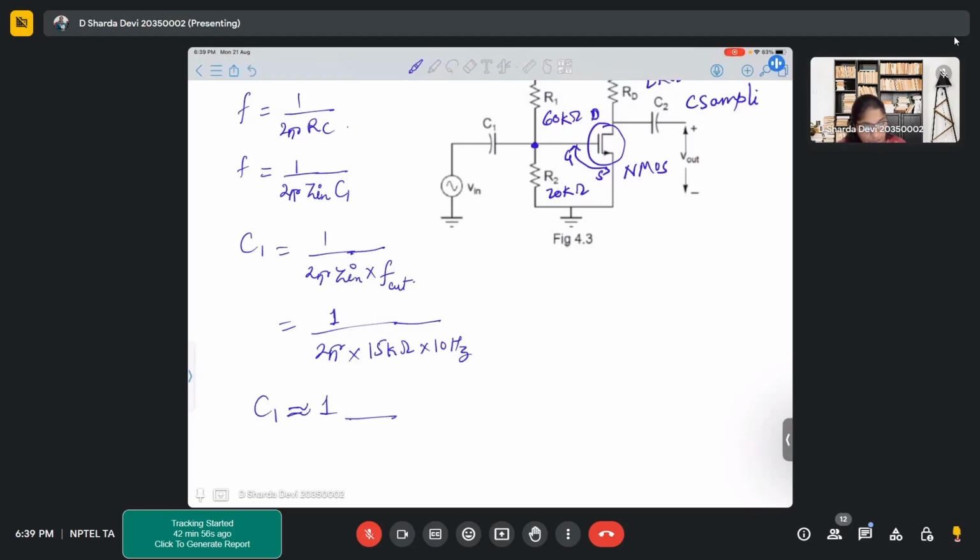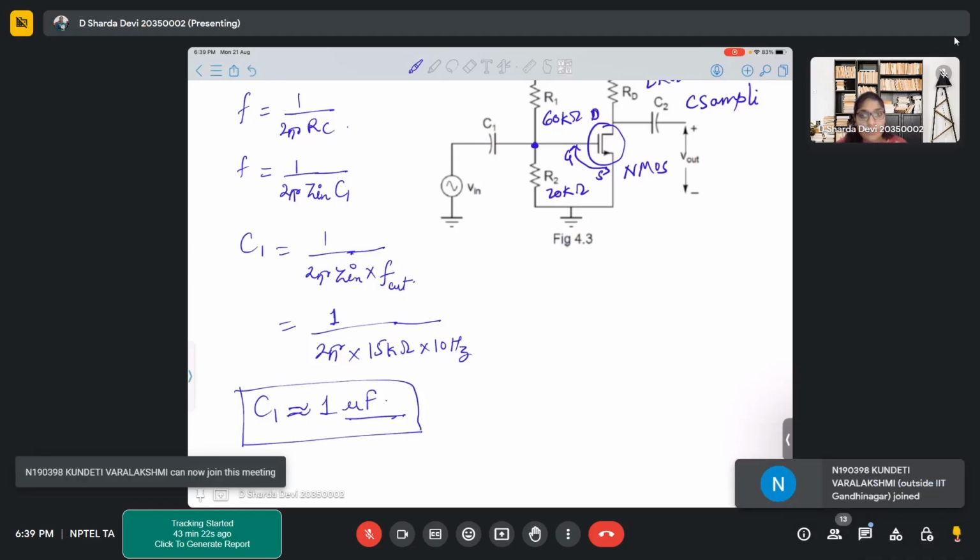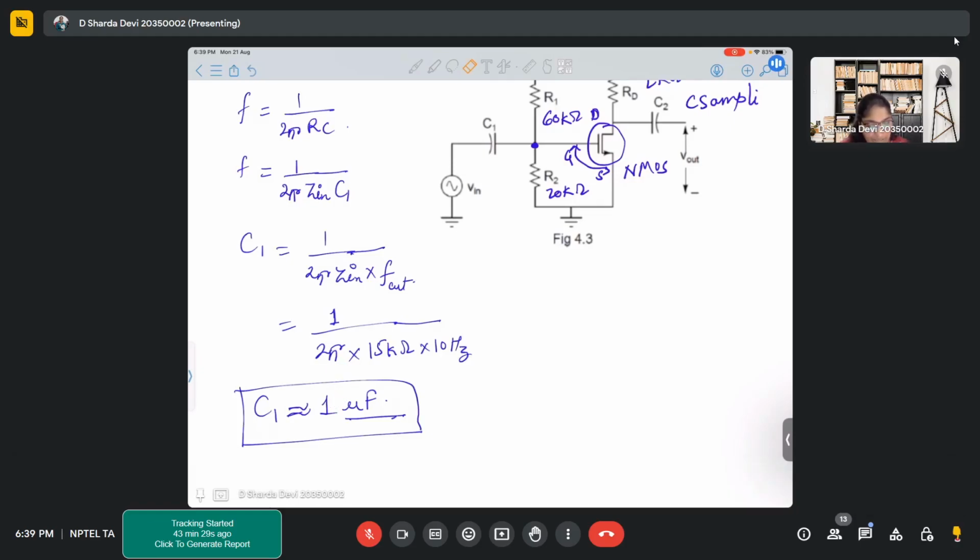But let me know the unit. Is it nano, pico, micro, milli? Micro. 1 micro, right? So the capacitance value that you are getting for 10 hertz is 1.06 microfarad, close to 1. So 1 microfarad. Now let's analyze the circuit a little bit.